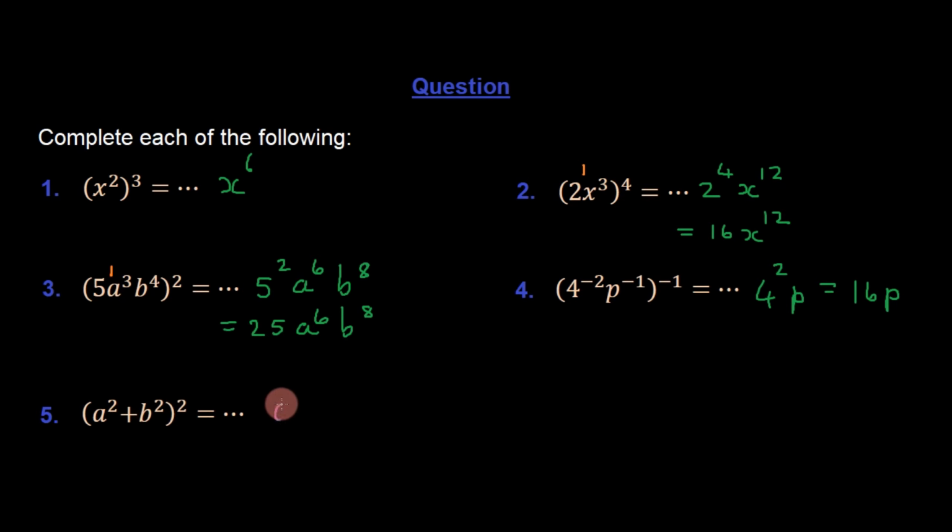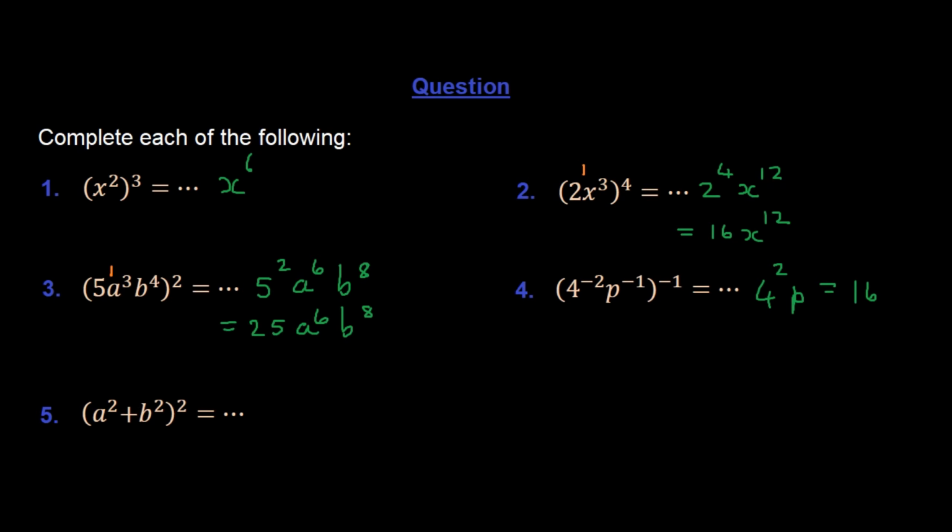They'll say it's a to the 2 times 2, so a to the 4, plus b to the 2 times 2, so b to the 4. This is definitely very wrong. As we mentioned, the power outside the brackets can't apply across a plus or a minus. We have to use another method to solve this problem.